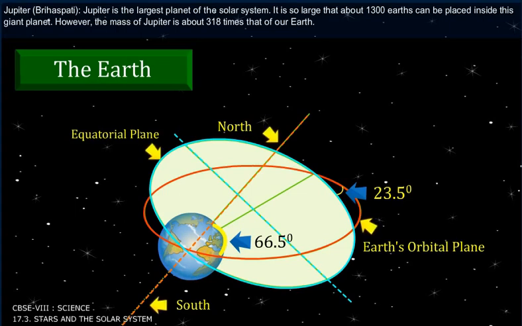Jupiter, Brihaspati. Jupiter is the largest planet of the solar system. It is so large that about 1300 Earths can be placed inside this giant planet.